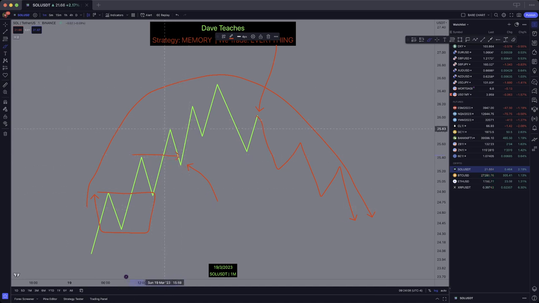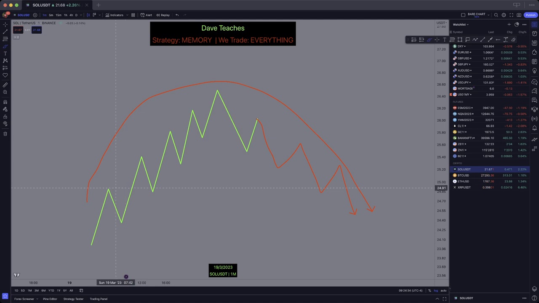Now, when do you begin looking for a continuation versus when you begin looking for a short? Do you look for a short here? Do you look for continuations here? Those things we would need to know before placing an entry.